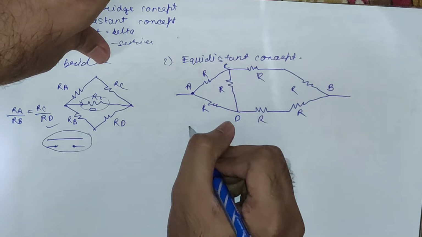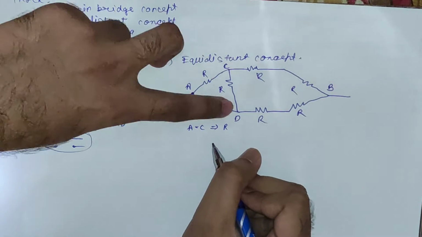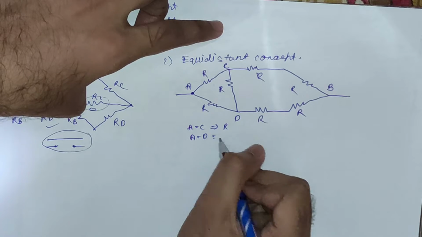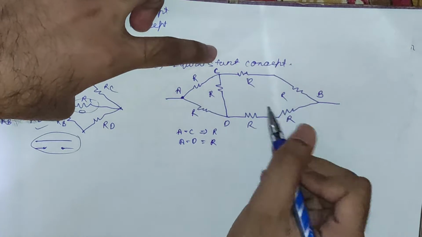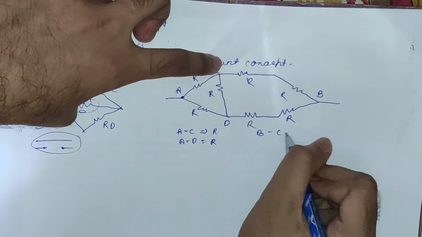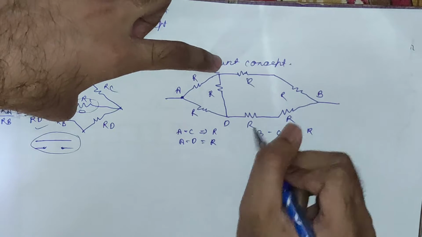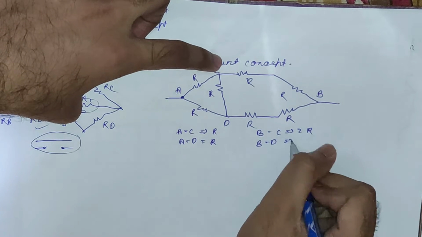Now you can see A to C we have a distance of R. Similarly A to D we have a distance R. Now if you check from B, B to C is 2R, I'm just adding the distance, and similarly B to D is 2R.